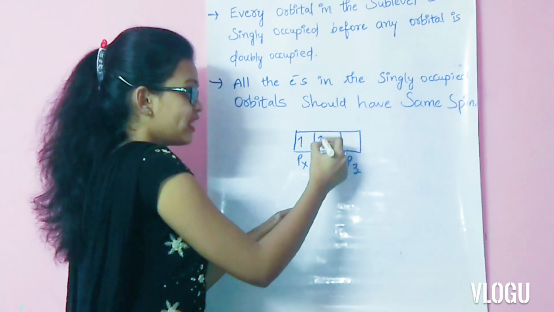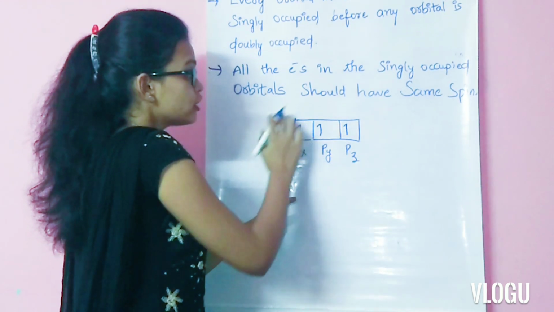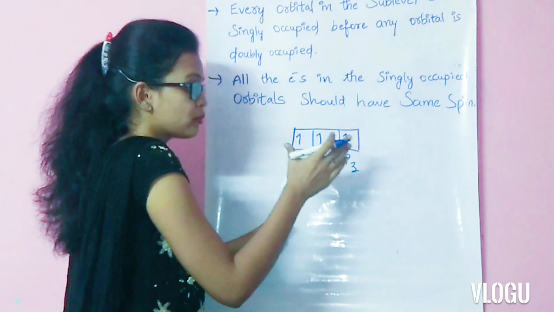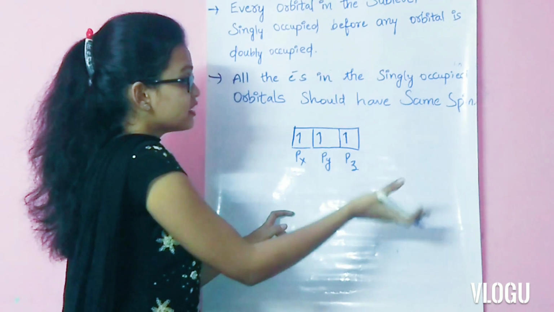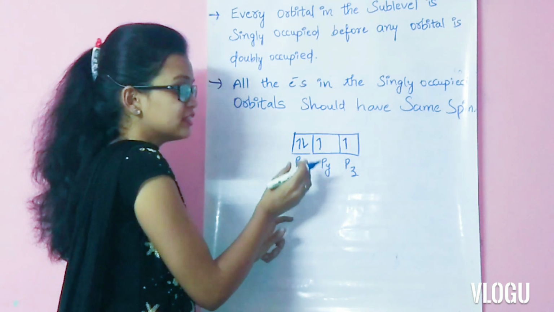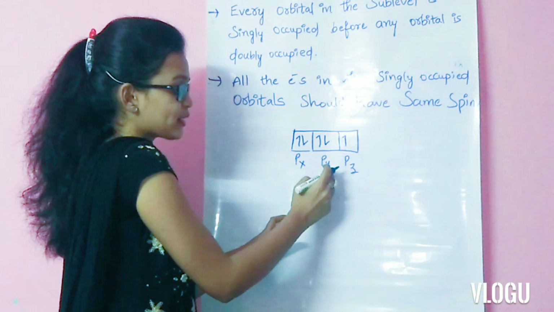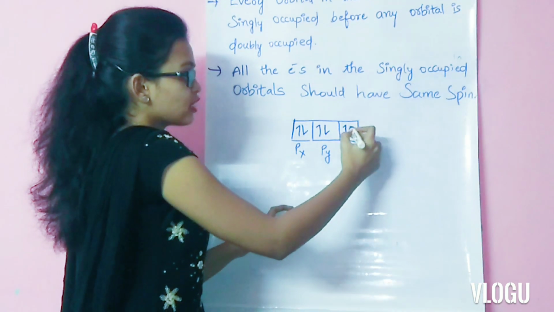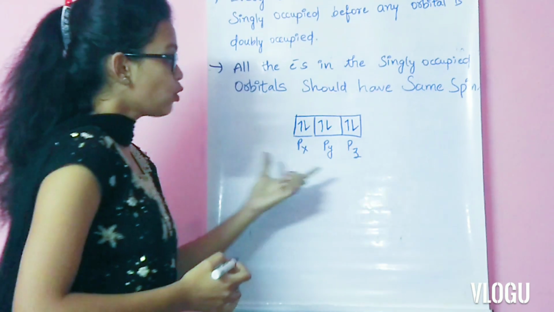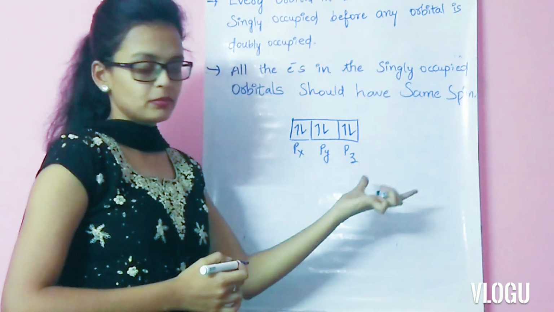The second electron will enter py and the third electron will enter pz. Only after filling all the orbitals in the sublevel will the incoming fourth electron pair up with the electron in px, the fifth electron will pair up with the electron in py, and the sixth electron will pair up in pz. Likewise, the electrons will be distributed in the different orbitals.